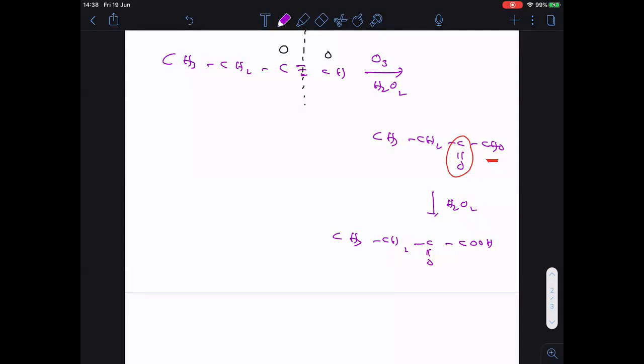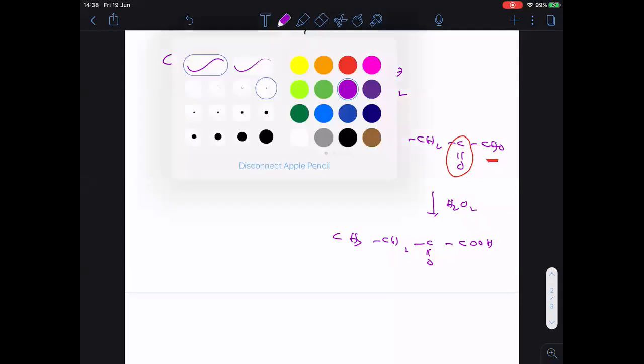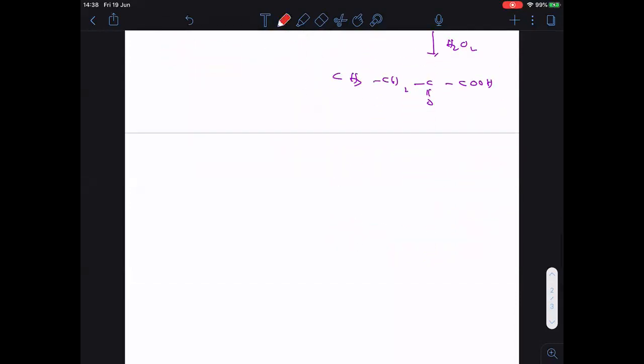Is it completed? Let us enter into the next preparation method of carboxylic acids. So next one is from alkyl benzene.